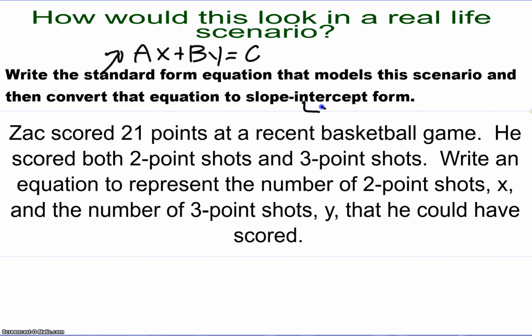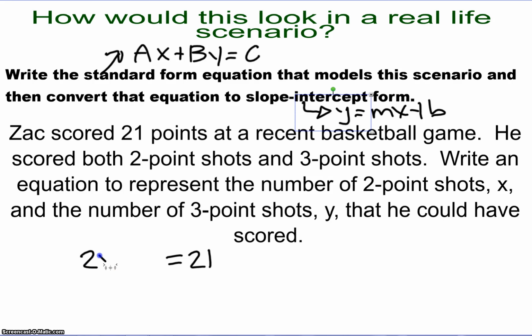Okay, so slope-intercept form is y equals mx plus b. So Zach scored 21 points at a recent basketball game. So we can put equals 21. There's your C. He scored both 2-point shots and 3-point shots. Write an equation to represent the number of 2-point shots, x, and the number of 3-point shots, y, that he could have scored.